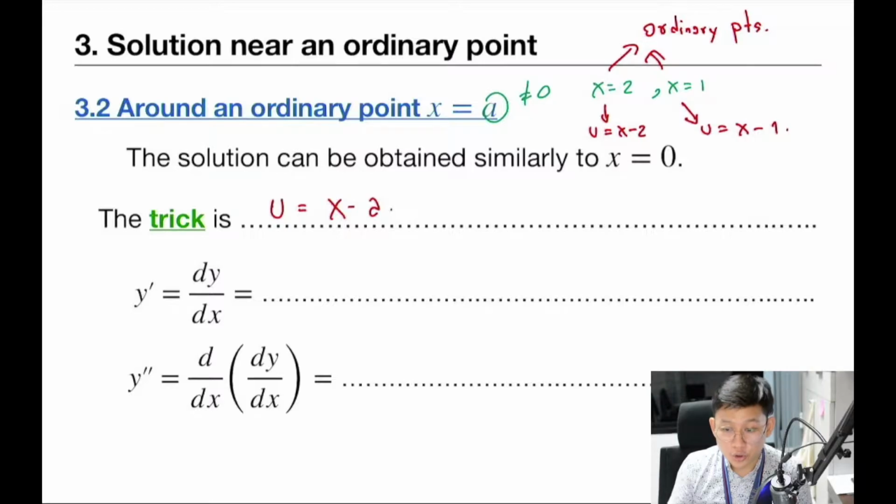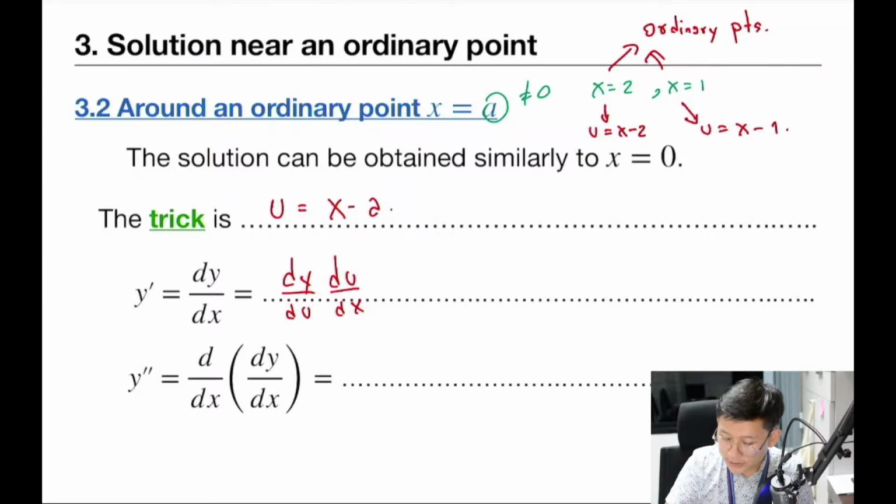If you want to know y prime, it is dy by dx, right? But from the chain rule, you know that will be dy by du times du by dx. But u is x minus a, so du by dx is d(x minus a) by dx, but a is a constant, so that would be just dx by dx, which is 1.